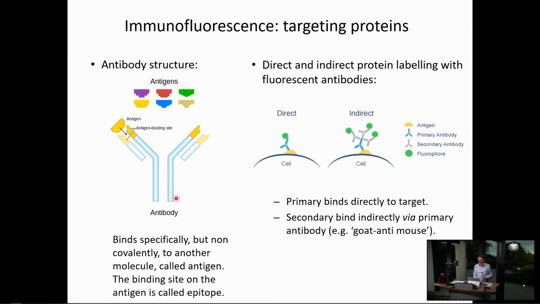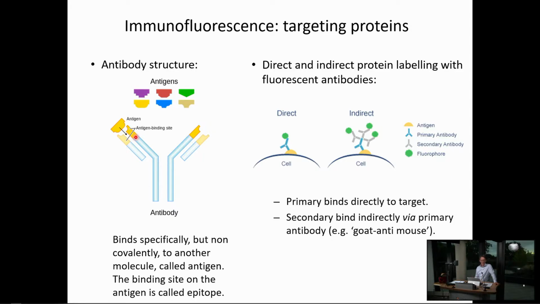And the site on the antigen, so the site that actually is exposed to the antibody and where the antibody provides the tight fit for the antigen to bind, is called the epitope. So that is the actual thing that interacts with the antibody. And so I will tell you on the next slide just how one raises such antibodies.